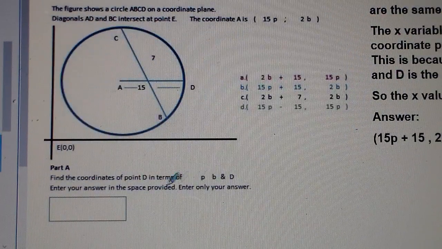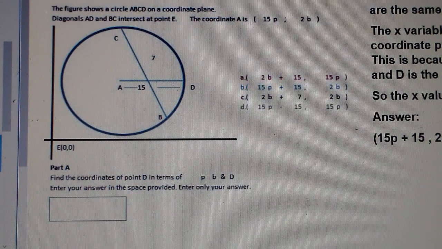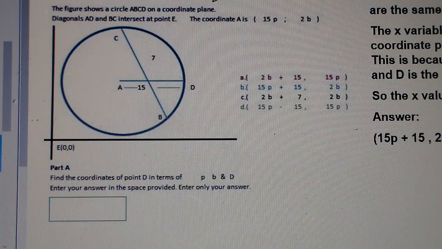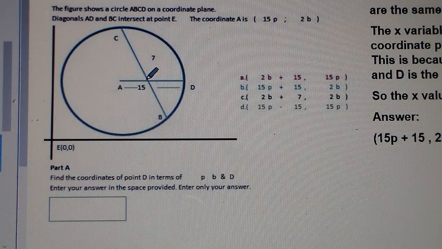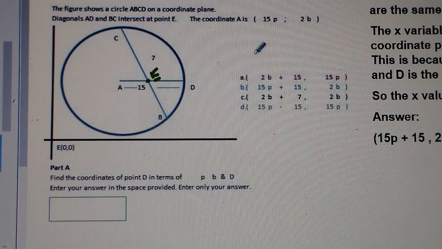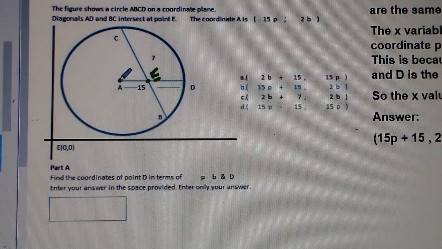Alright, last style here. The figure shows a circle ABCD on a coordinate plane. On this little coordinate plane that we see, diagonals AD and BC intersect at point E. So this point right here is point E. The coordinate A, aka the center of the circle, is 15P.